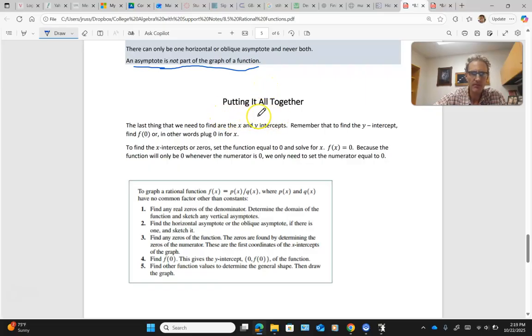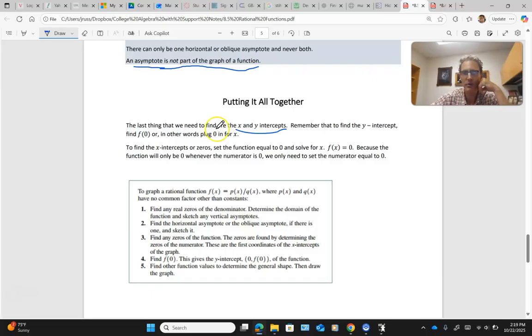There's a last couple of things I need to tell you before we embark on this. We also are going to want to know where the x and the y intercepts are to get an accurate graph. You remember to find the y-intercept, you just plug 0 into the function, or in other words, let x be 0, because that's what's characteristic of a point on the y-axis, is that the x is 0.